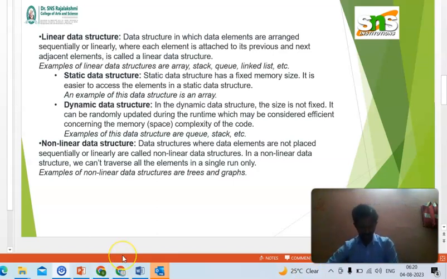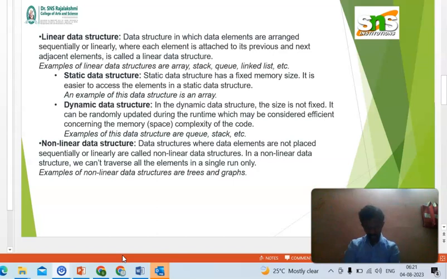The next type is non-linear data structures. In a non-linear data structure, we cannot place the data sequentially or linearly. This non-arrangement of data, where we cannot place it sequentially or in linear form, is called a non-linear data structure.